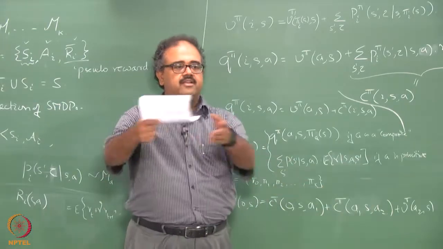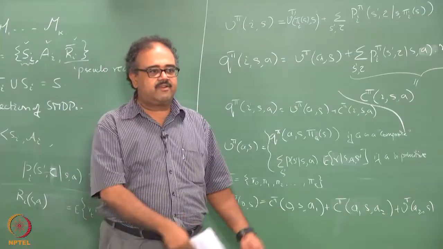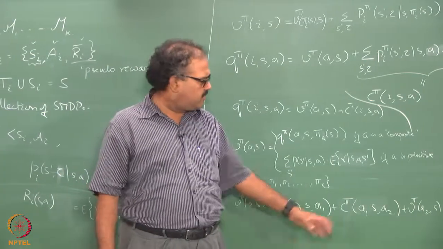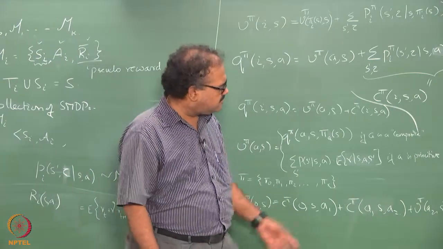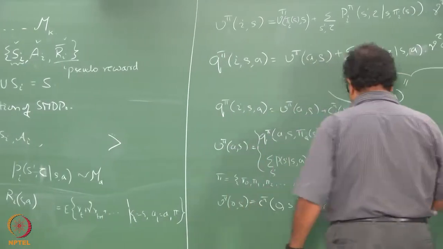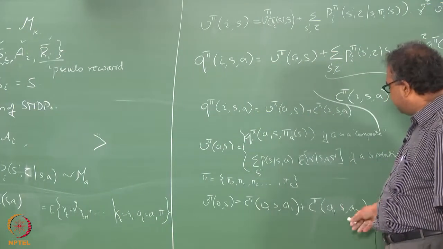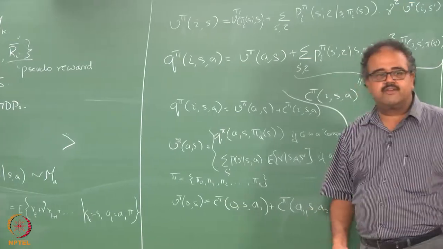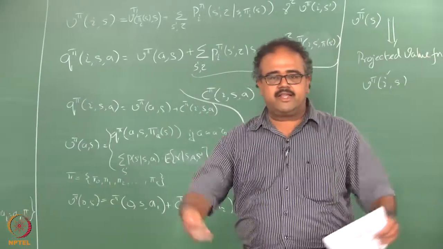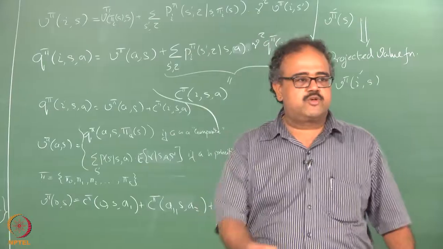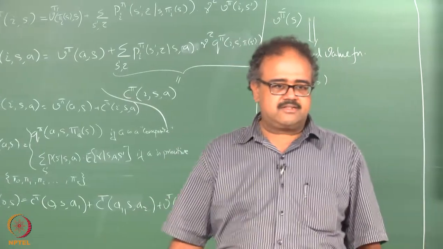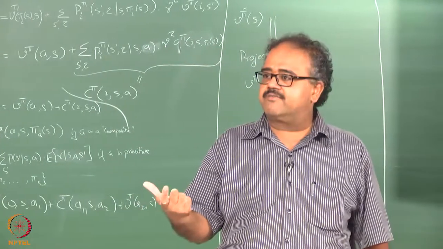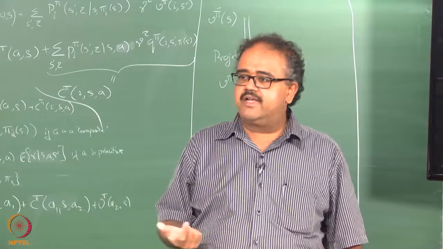I may start from s or from s prime. If you go further down the hierarchy it makes more sense, not in the root. There could be multiple ways in which you could have started the subtask, but I would have learnt the same completion function, so I can reuse it everywhere.